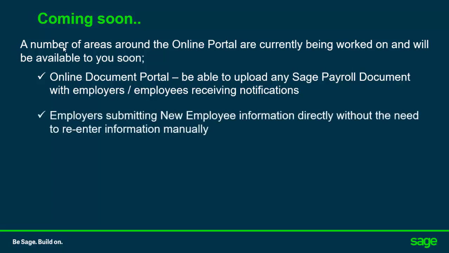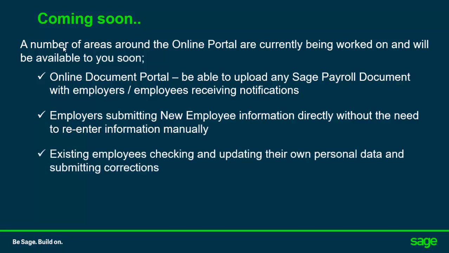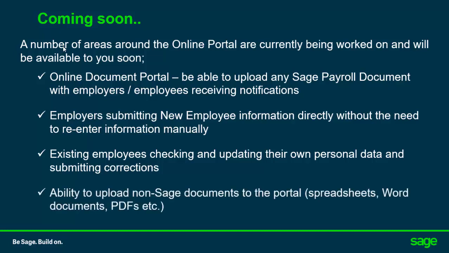Employers will be able to submit new employee information directly without the need to re-enter information manually. And existing employees will be able to check and update their own personal data and submit corrections. There'll also be the ability to upload non-Sage related documents to the portal, such as spreadsheets, Word documents or PDFs.